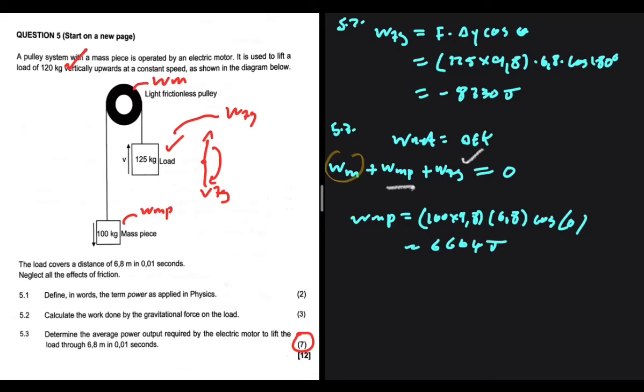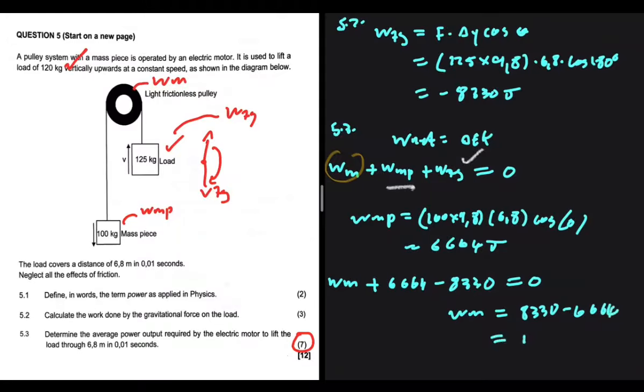6,664 joules. Now, if we substitute back in our equation, the work done by the motor plus 6,664 minus 8,330 is equal to 0. So the work done by the motor is equal to 8,330 minus 6,664. You're going to get 1,666 joules.